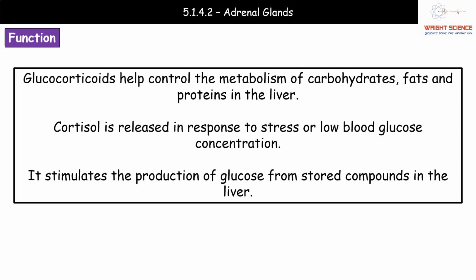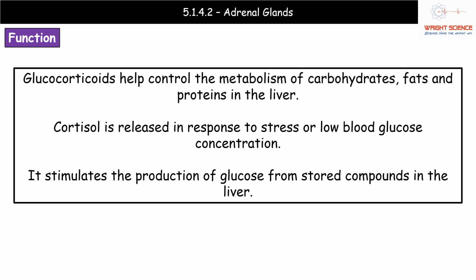So the example of our glucocorticoid is cortisol, and what we're going to find is that cortisol is going to be released in response to stress, or when your blood glucose concentration is low. So two kind of key situations there: stress response or low blood glucose concentration.